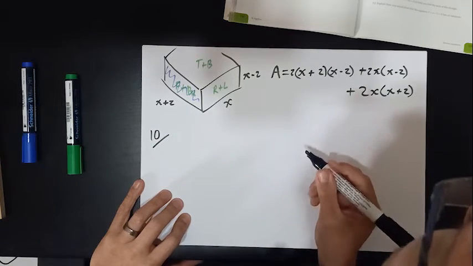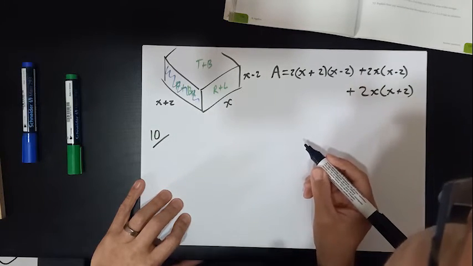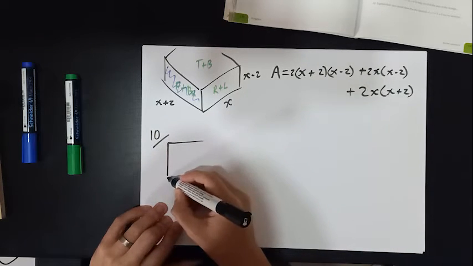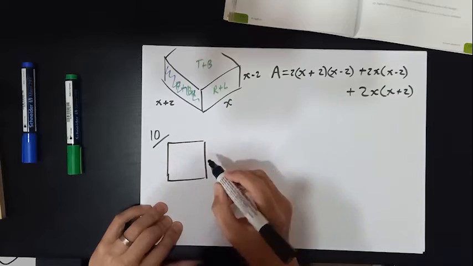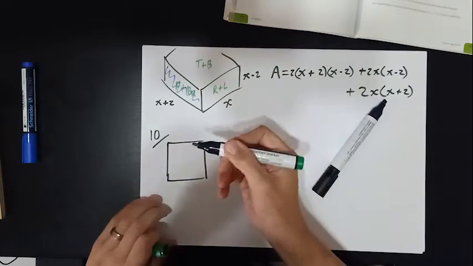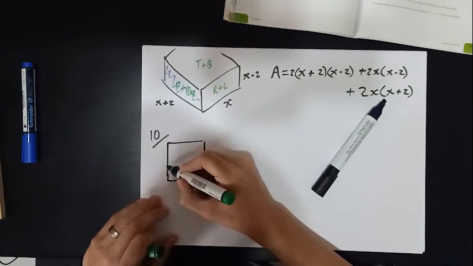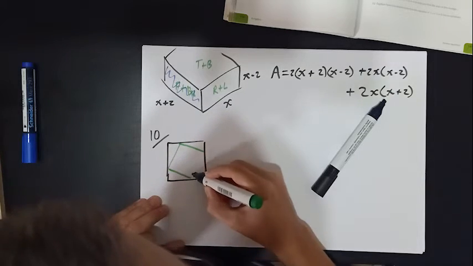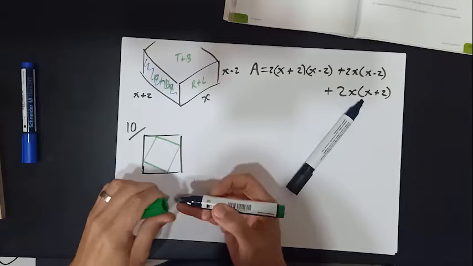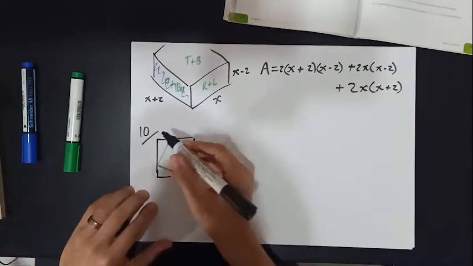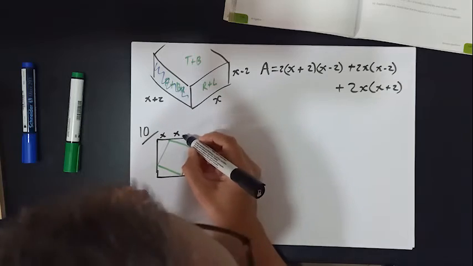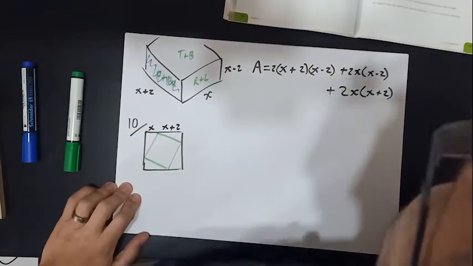Question 10 on the review questions. I'm coming to this cold, I've not really looked at this yet. So we've got a square, and then inside that square is another square. We're told that this little bit is x, and the longer bit is x plus 2.